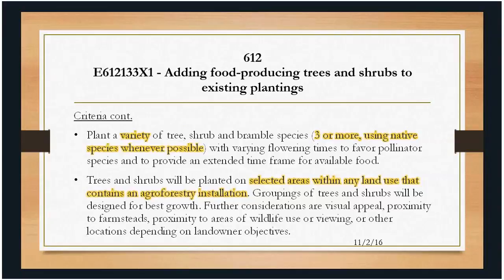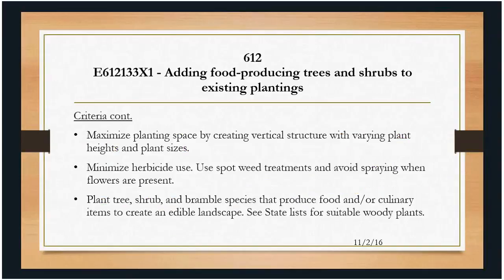The criteria: you need to plant a variety, 3 or more different species, using native species whenever possible. And the trees and shrubs will be planted on selected areas within any land use that contains an agroforestry installation. So again, the emphasis is to add to something that's there already agroforestry wise.